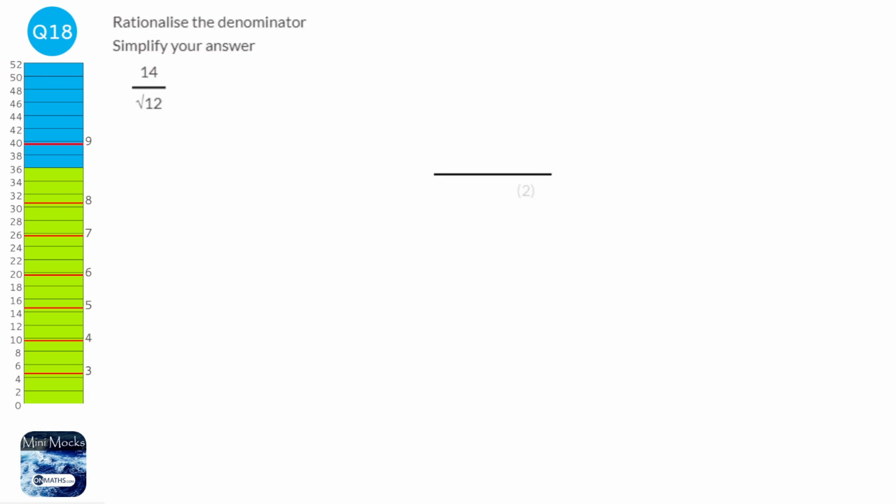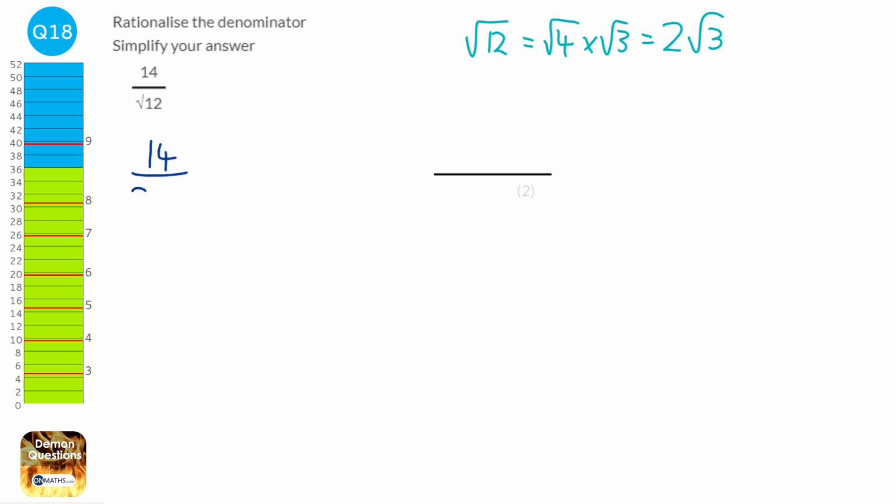We can actually simplify the surd at the bottom. So root 12 is the same as root 4 times root 3. And the reason I've picked root 4 is because it's a square number. So root 4 is 2. Root 3. So we can rewrite that as 14 over 2 root 3. We can divide them on by 2. So that'll leave a 1 there.